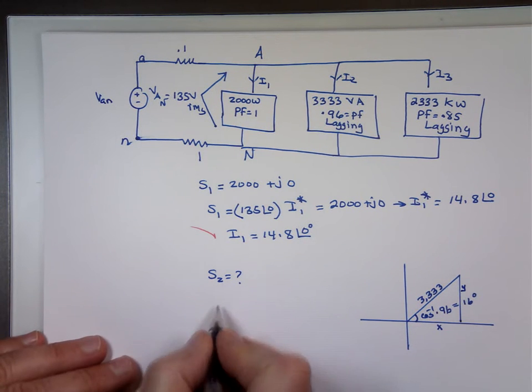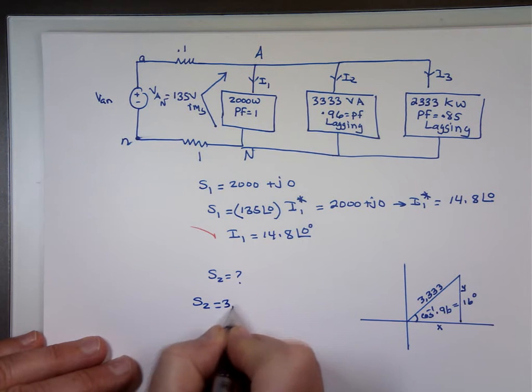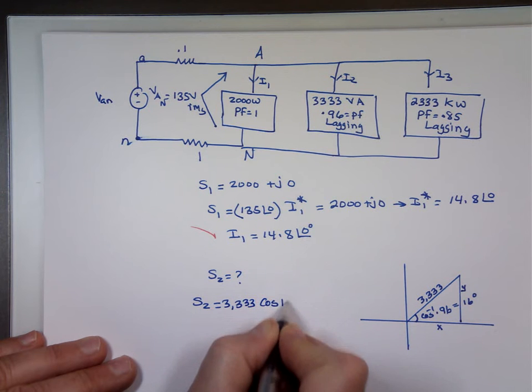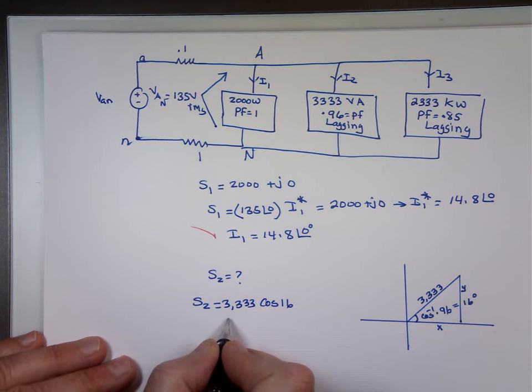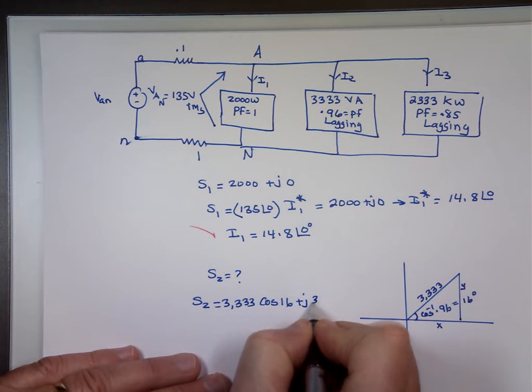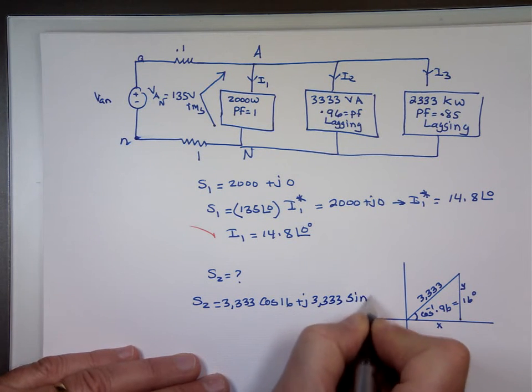So the complex power for 2 is going to be 3,333 cosine 16 degrees plus J 3,333 sine 16 degrees.